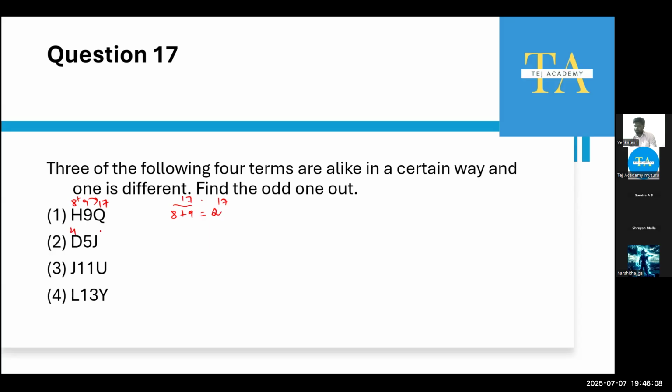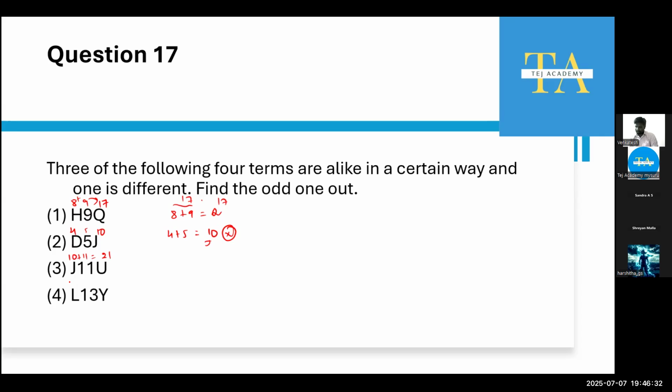So 4 plus 5, will we get 10? J value is 10. Will you be able to get 10? No. Next one. J is 10 and U is 21. So 10 plus 11, will we be able to get 21? Yes.